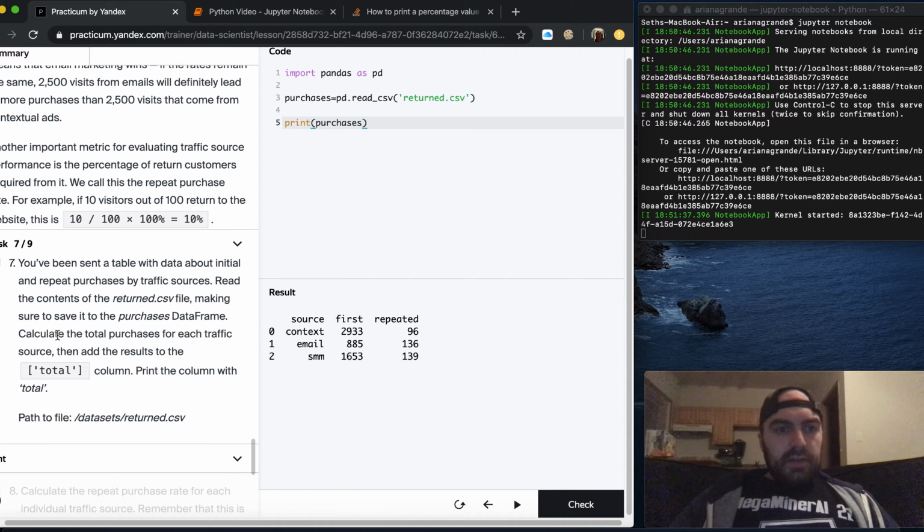Okay, and now it wants us to calculate the total purchases for each traffic source. Then add the results to the total column. It's interesting I didn't have to put /dataset/returned. It says down here that's what I should use.